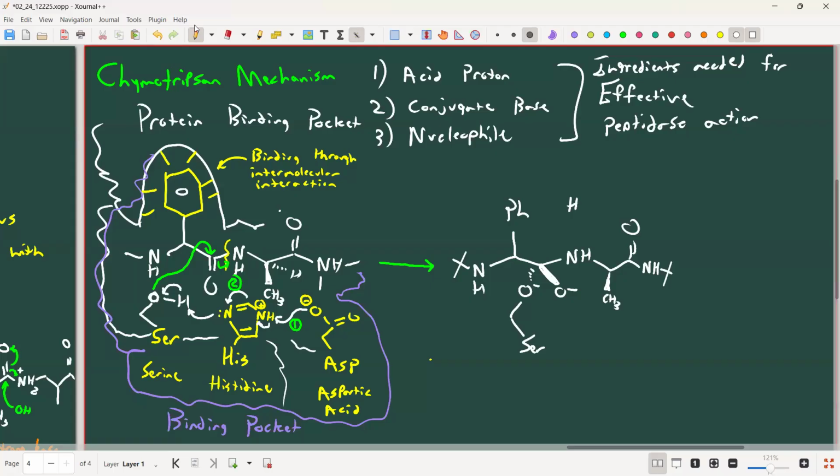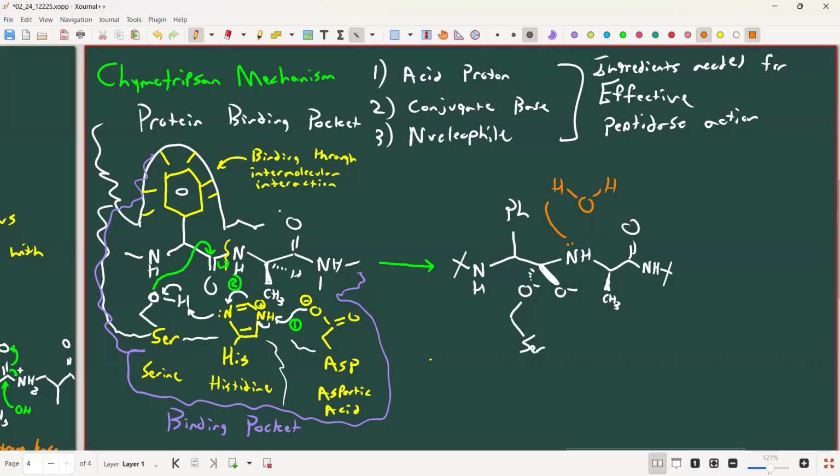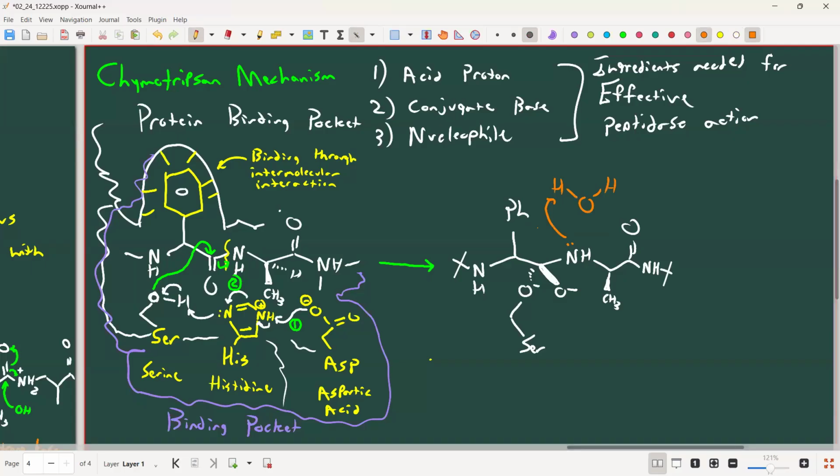So another water molecule, we can imagine there's some water molecules in the system. Of course there is because we're in the body. The water molecule in here, this nitrogen is going to attack it and take that hydrogen to form NH2 plus.